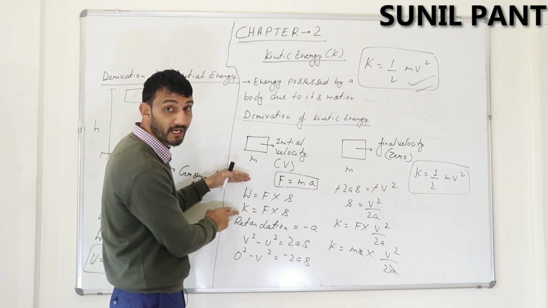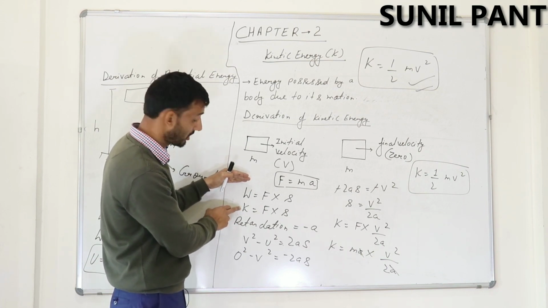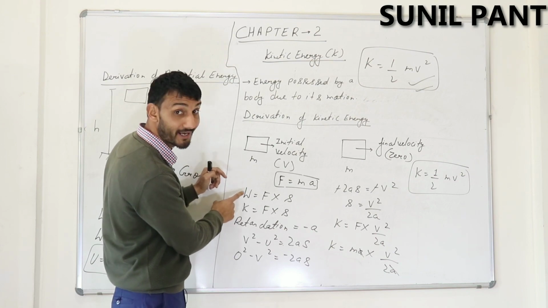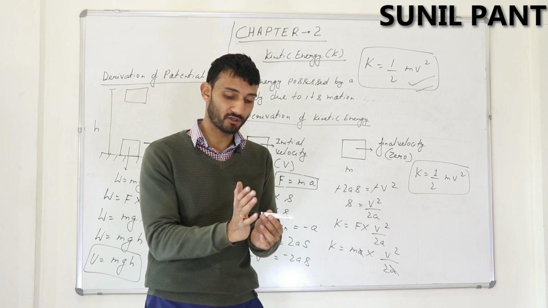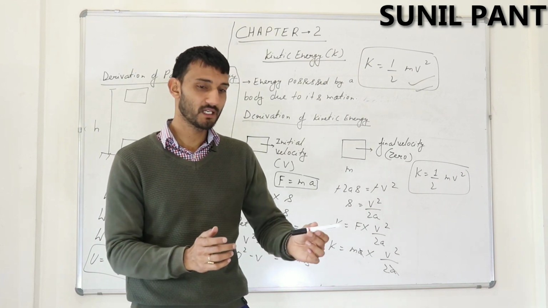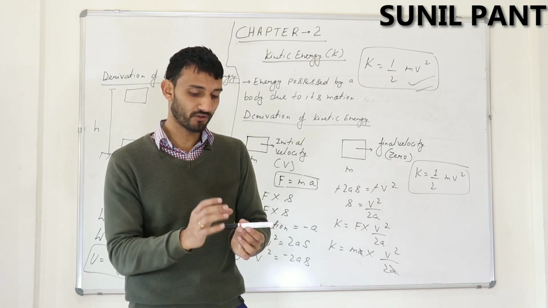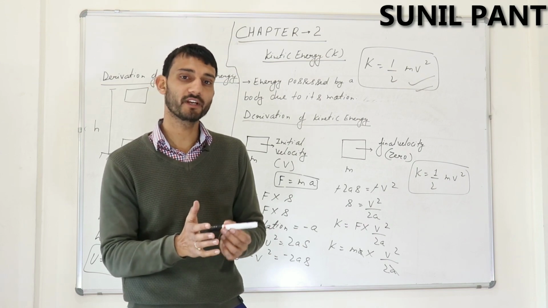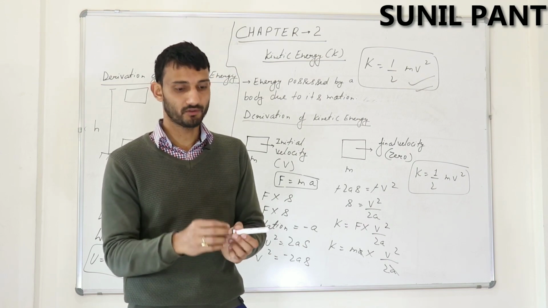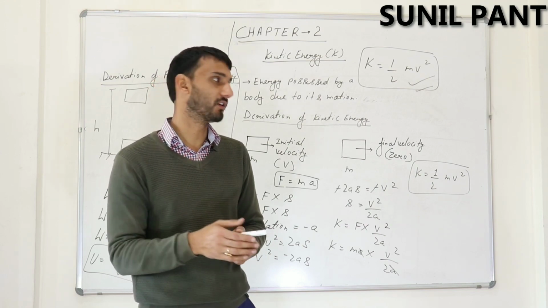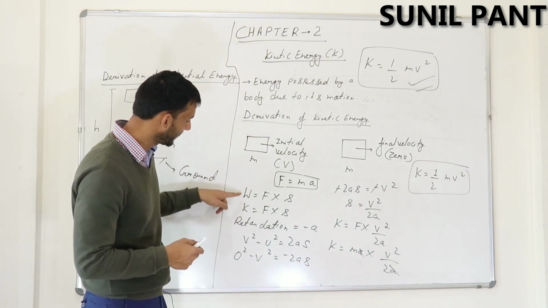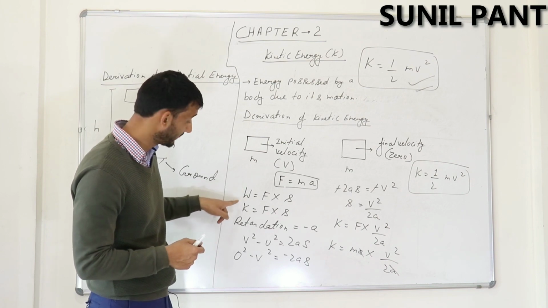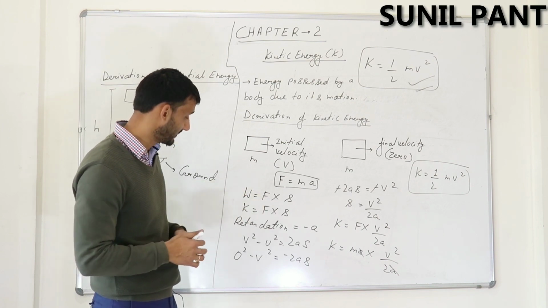This work will become the kinetic energy of the object, the same as the work done. That is why, instead of W, I have written K, which is force into displacement.